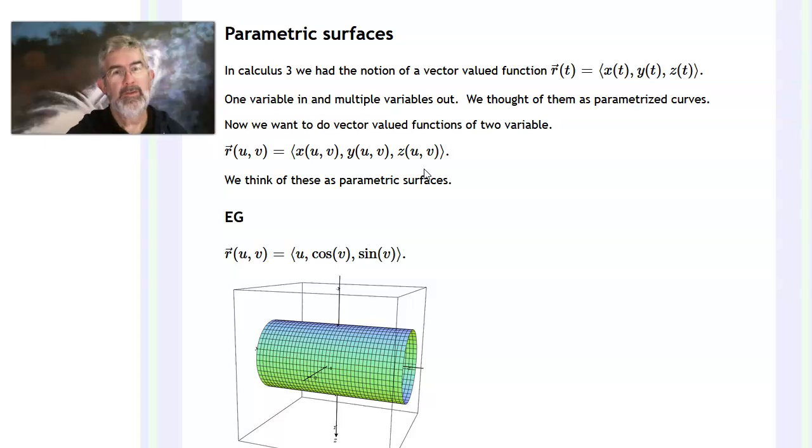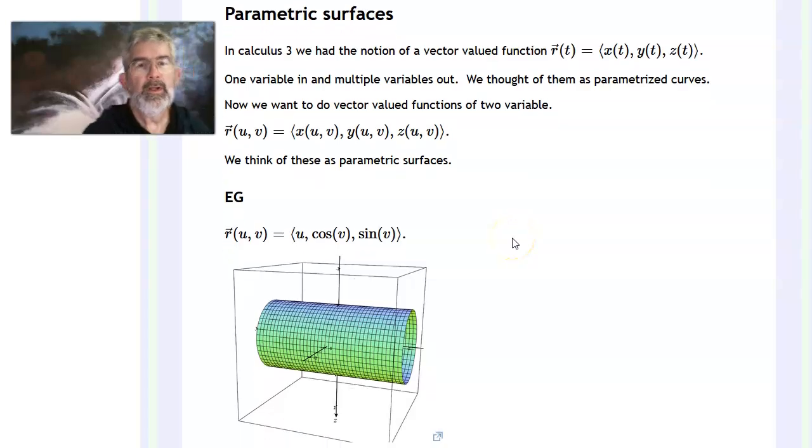But I want not the same number of inputs and outputs. I mean, these can have two variables out, but they visualize better if there's three variables out. So precisely two variables in and any number of variables out, and we're calling this a parametric surface. Okay. Most of the examples will be three variables out, so that will be in R3.